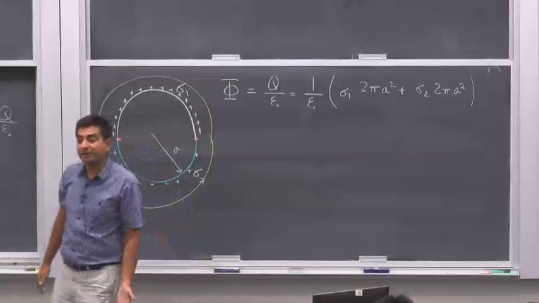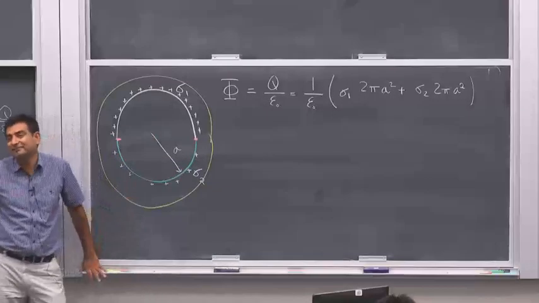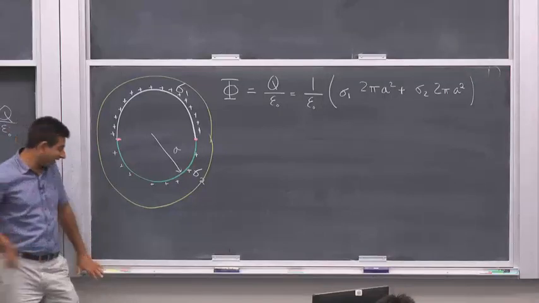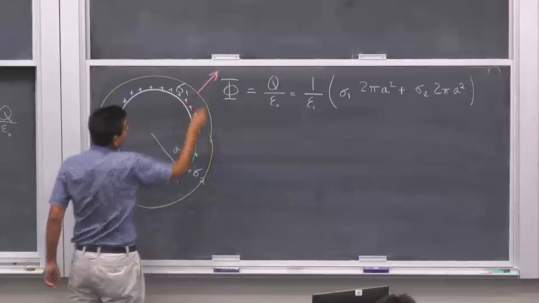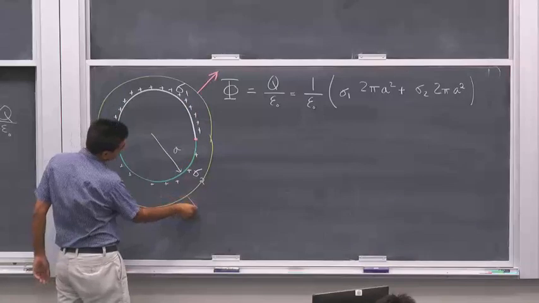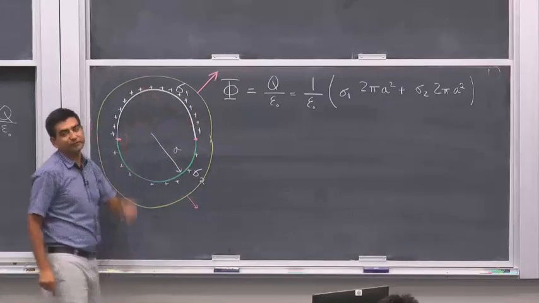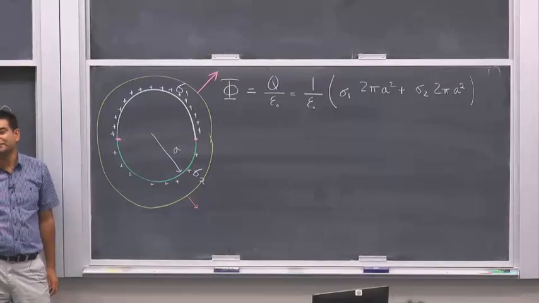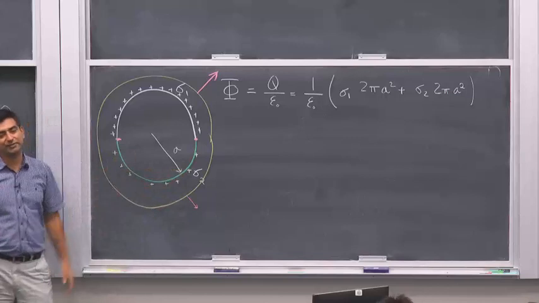Gauss's law is still applicable, but I cannot use Gauss's law to find the electric field. The reason is that the electric field, say at this point, of course is going to be larger than the electric field here, because here it's in close proximity to a higher density of charges. Correct? And here it's in close proximity to a lower density of charges.